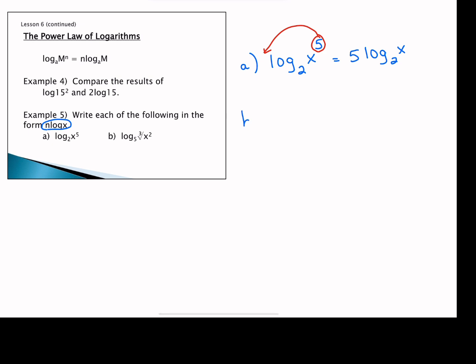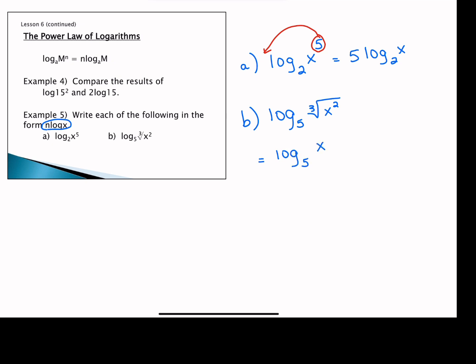The same thing can happen with part B, but this looks like a little bit of a hot mess to start. So we've got log base 5, and it's supposed to look like the cubed root of x squared. Sometimes those symbols don't show up very well when we're using things like PowerPoint. So please rewrite this as log base 5 of the cubed root of x squared. Now, in order to use the power law, we need to create a power out of this radical. What we know is that we can rewrite this as log base 5 of x to some power.